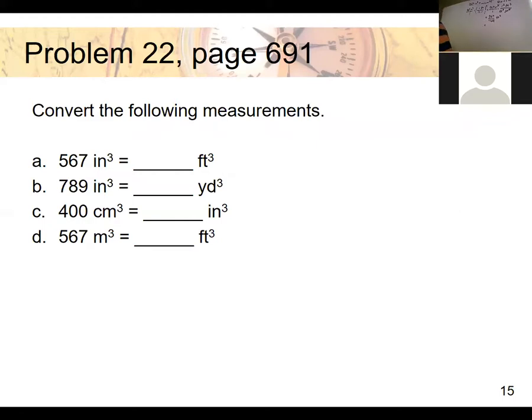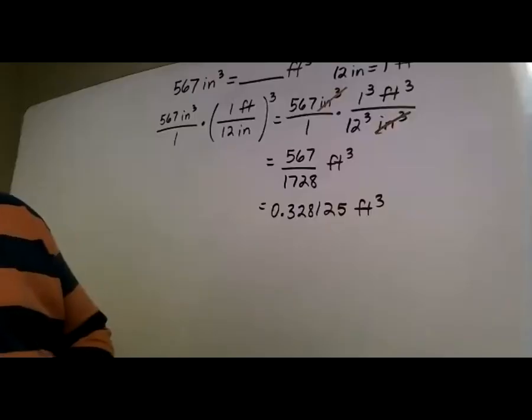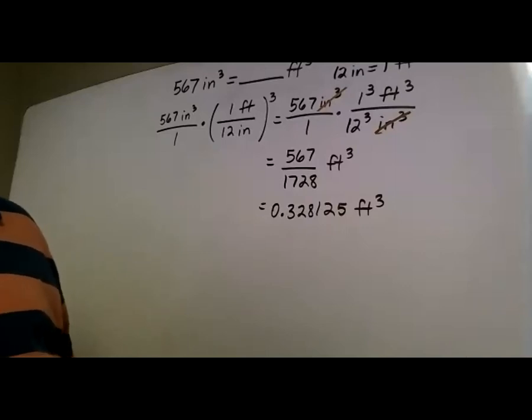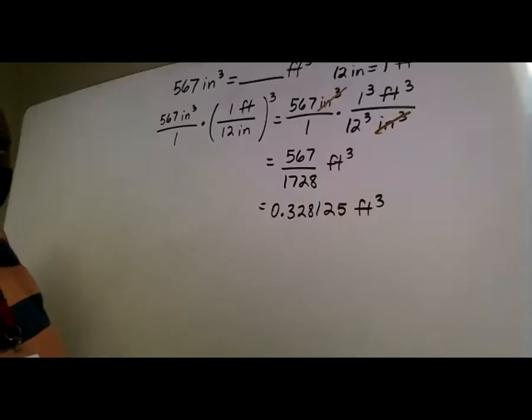Now, as a decimal, I do 567 divided by 1728. This is what I come up with, 0.328125.